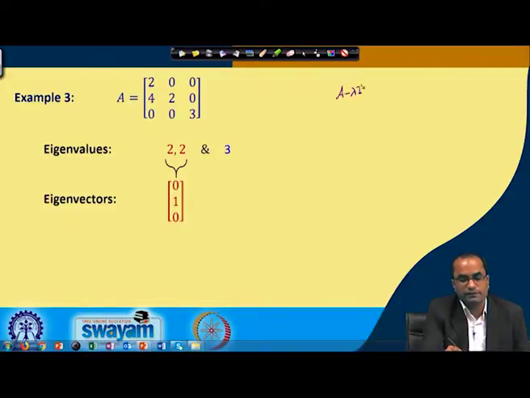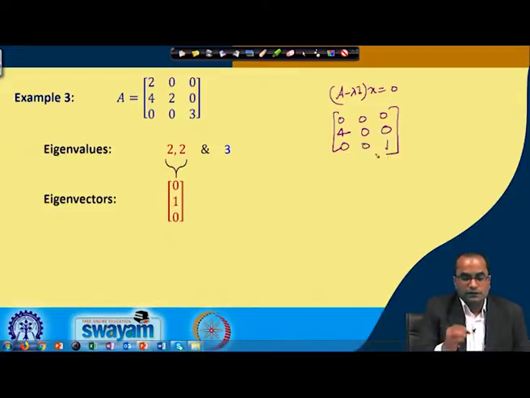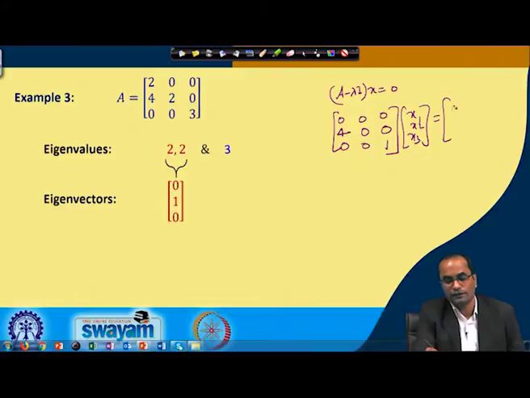this equation A minus lambda I times x is equal to 0, what will happen here is we get this matrix with rows 0 0 0, then 4 0 0, and 0 0 1. This is the system of equations for the eigenvector with the right hand side 0.